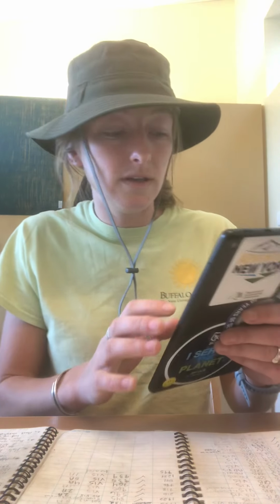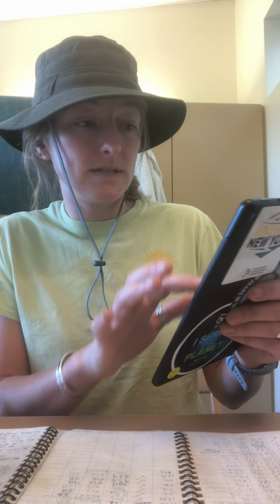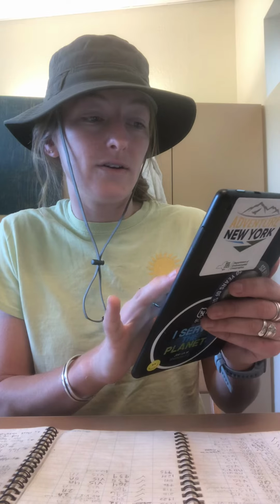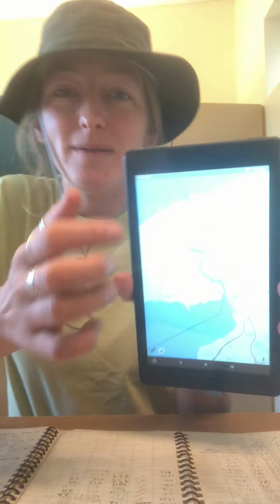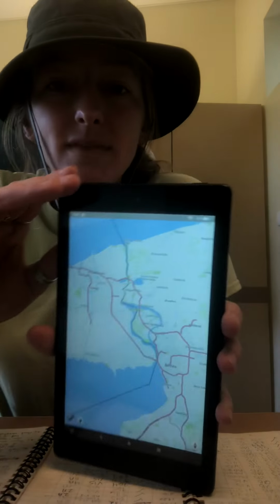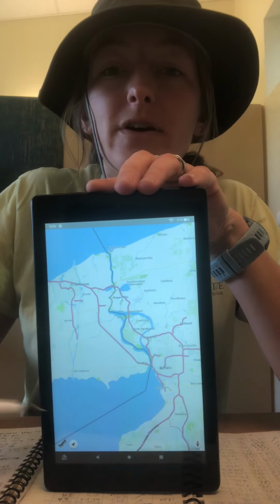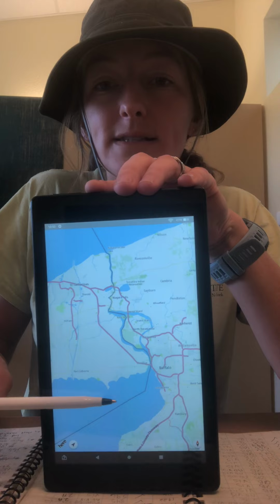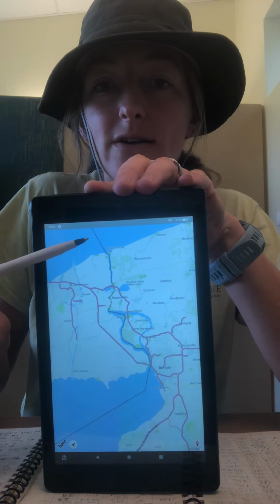So first, our methods. We were in the upper Niagara River, and I just wanted to give you a little bit of background on the geography of the Niagara River because it's awesome. It's my favorite river. I'm a little bit biased because I grew up there. So the Niagara River connects two Great Lakes. This is Lake Erie down here and Lake Ontario.